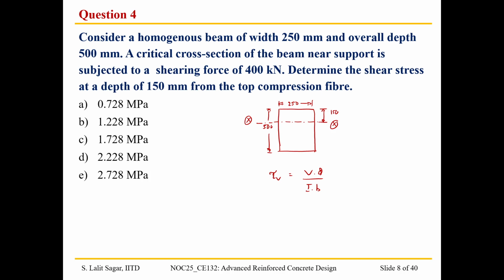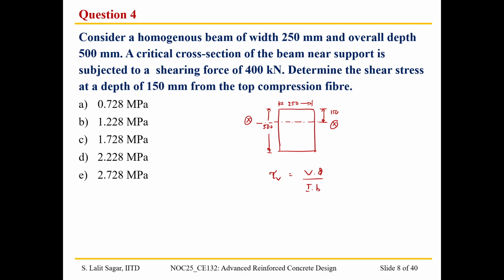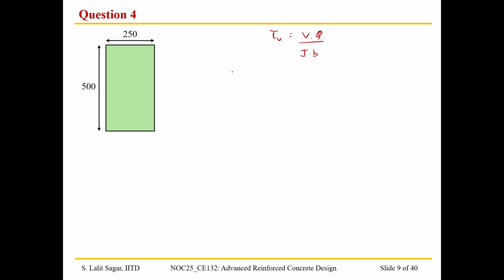So I think we can solve here. As I said, tau V is equal to V into Q by I into B. And what is the shearing force? 400 kilonewton. Let me mark the axis over here.